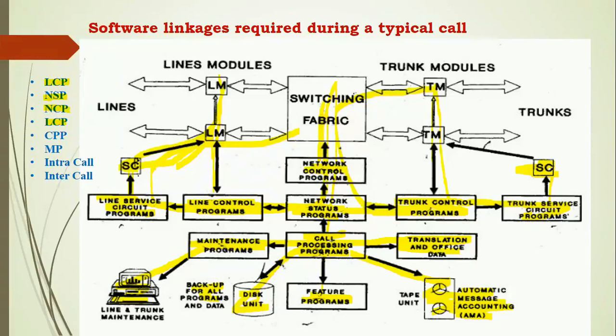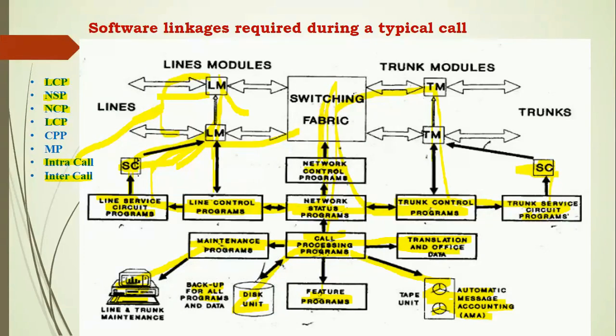Then depending on that, you may get only two kinds of calls. One is intra call and the other one is inter call. Intra call means two subscribers are in the same line module. That means one subscriber is in one line module and the other subscriber is in the same module, so this will be an intra call.